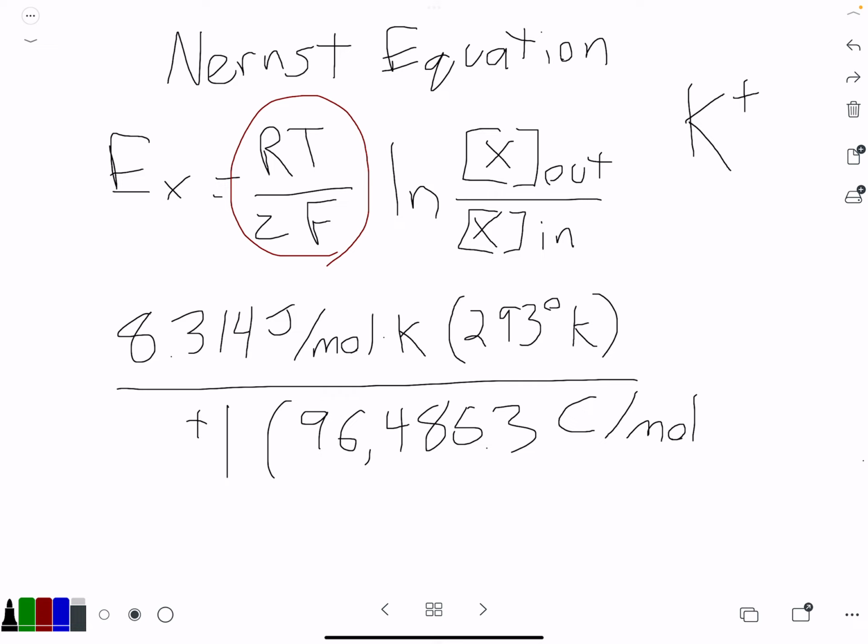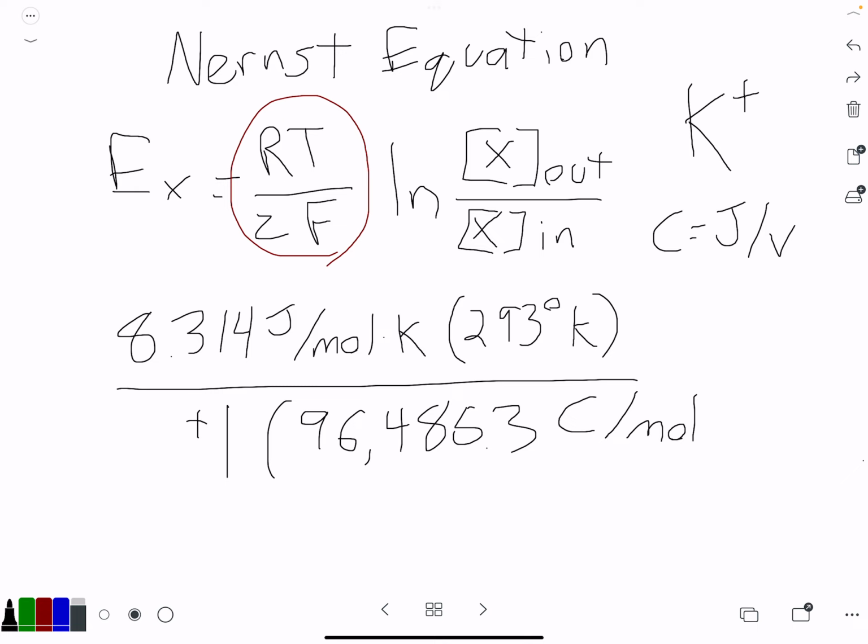A coulomb is a measurement of charge, and coulombs equals joules per volt. For those of you who are interested in how all of these units cancel out, eventually that constant, that 58, has units of millivolts. So I'll write a little note here: coulombs equals joules per volt.